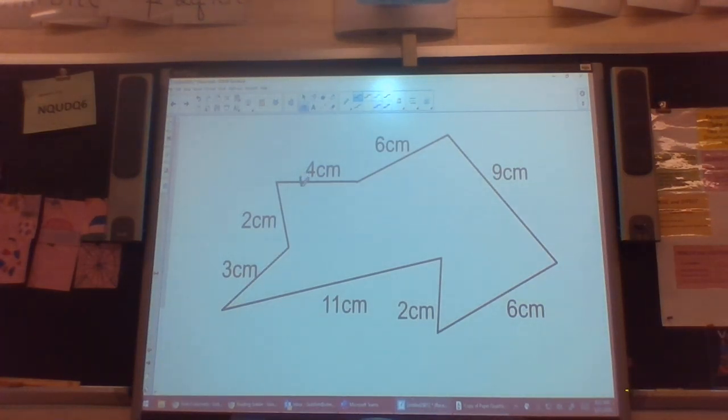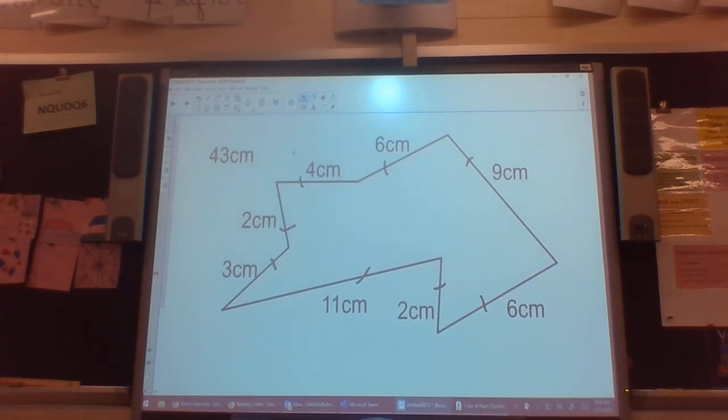So I'm going to do 4 plus 6 is 10, plus 9 is 19, plus 6 is 25, plus 2 is 27, plus 11 is 38, plus 3 is 41, plus 2 is 43. So if I did this right, I should have 43 centimeters for my answer.